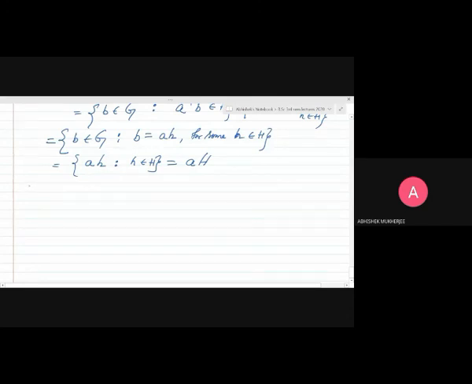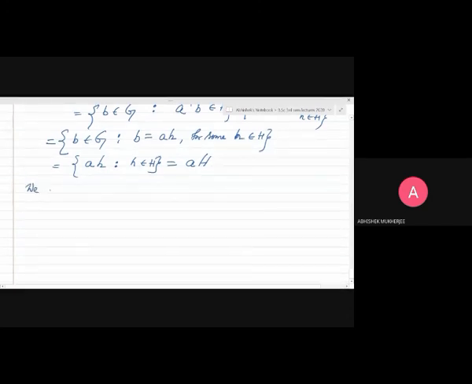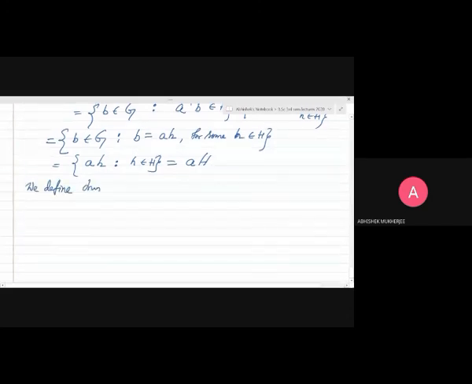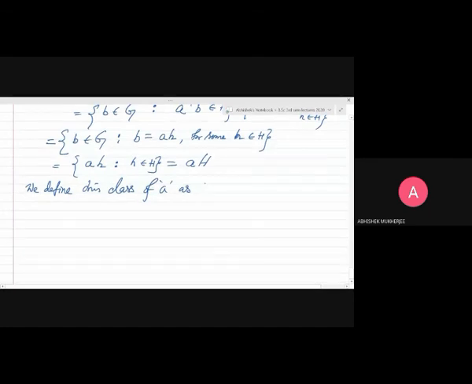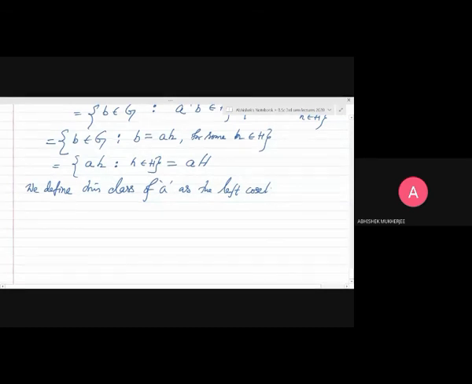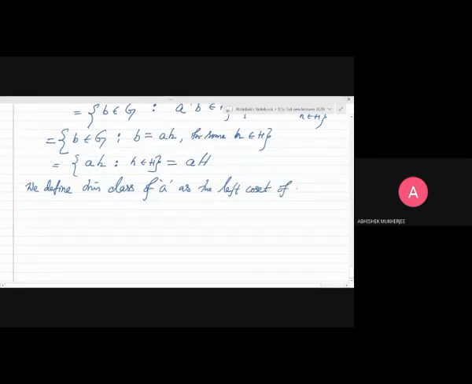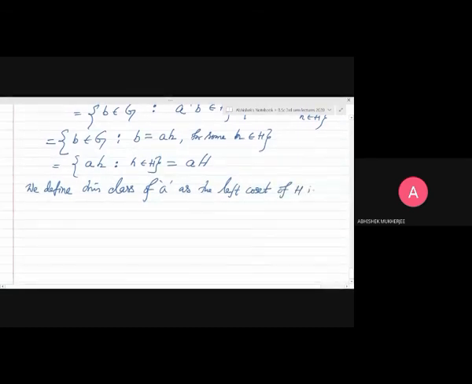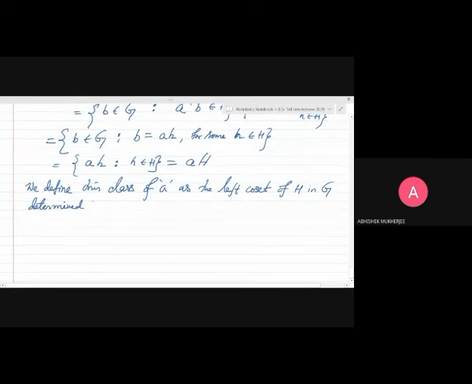and we define this class of a as the left coset of H in G determined by a, right?